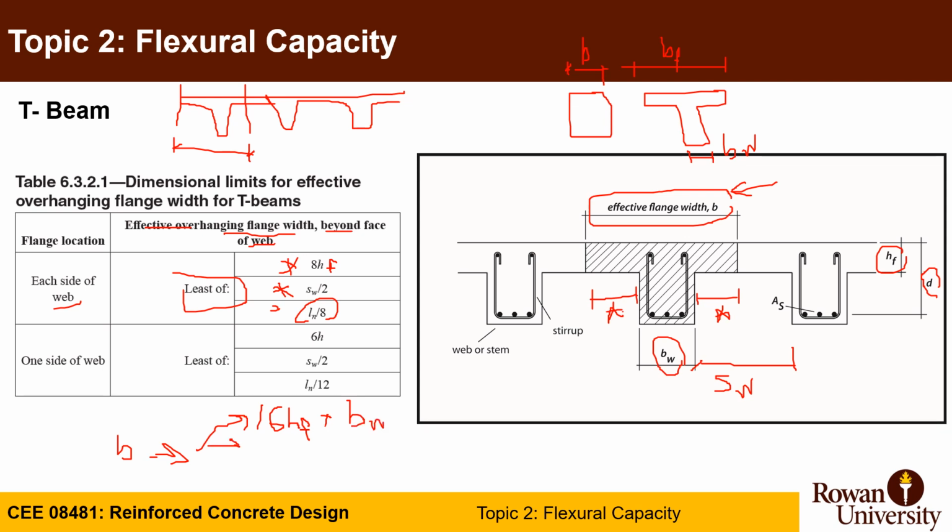Or SW plus B web, or L, where L is the span of the beam. L over 8 each side will give you L over 4 if you multiply by 2. And in this case, we will not add BW because it's a function of the length of the girder, not the cross sections.